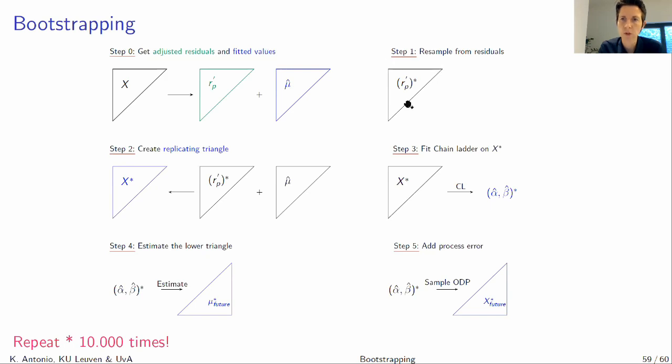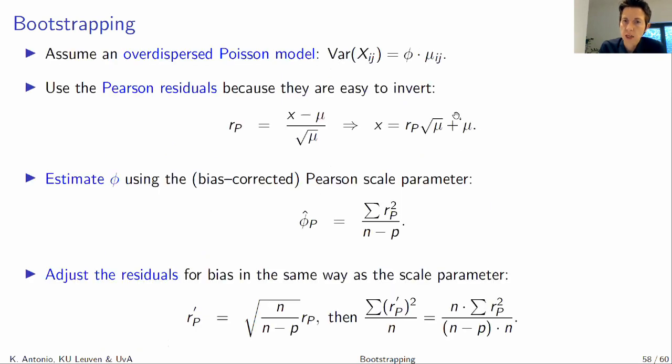Having these resampled residuals, I combine the residual that I picked for each cell in the upper triangle with the fitted value for each cell in the incremental triangle, as I calculated it initially. I combine these two using the relation that I showed you over here. The only thing I did is, instead of using the original residual for that particular cell, I now replace this residual with a random draw from the basket of residuals that I constructed.